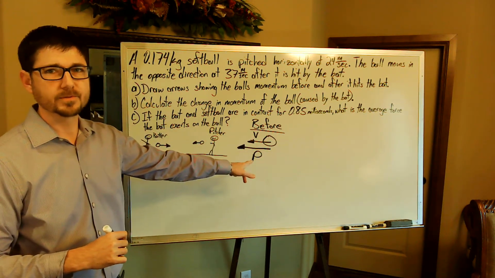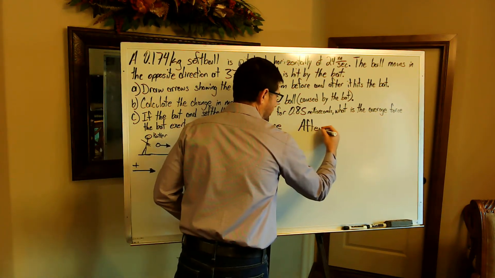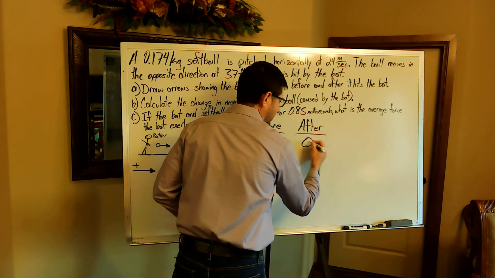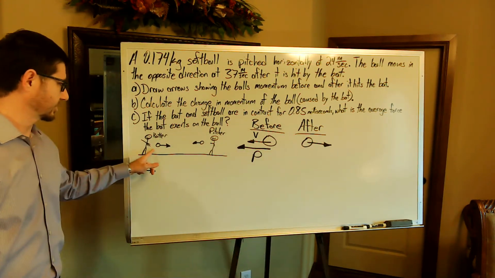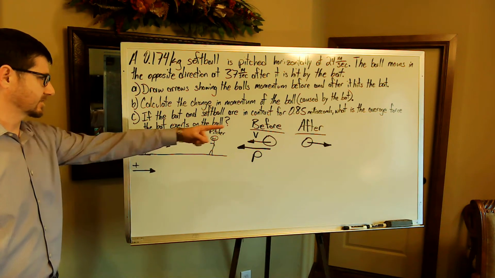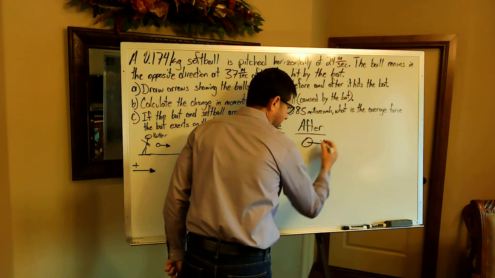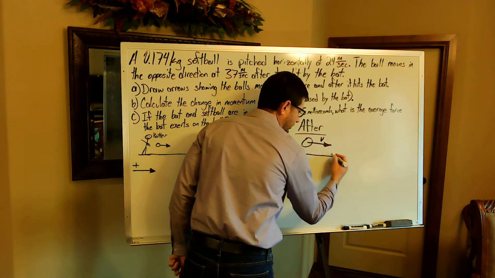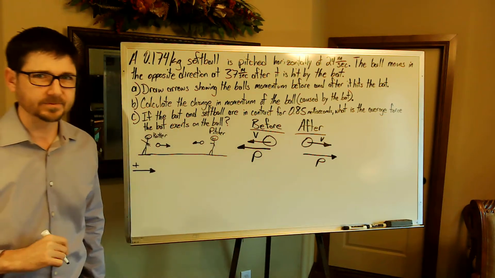This is before the bat hits the ball. After the bat hits the ball, we have a velocity going this way. The bat hits the ball, so the ball is going to go in a positive x direction. That's the velocity, and we have a momentum vector right there.